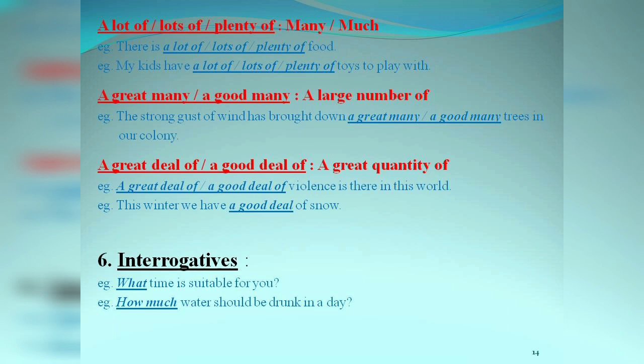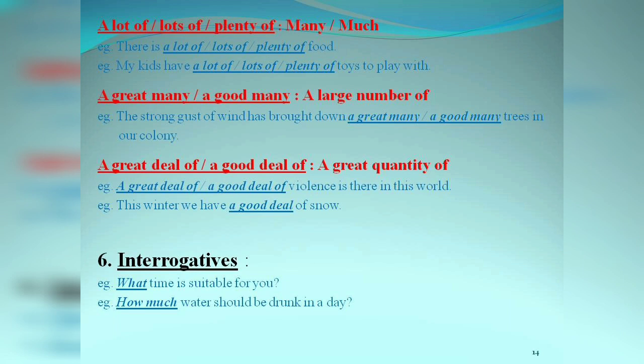Next is a lot of, lots of, plenty of. All these three determiners mean the same. These three determiners can be used with countable nouns and also with uncountable nouns, but the meaning should be a great number of or a great quantity of.